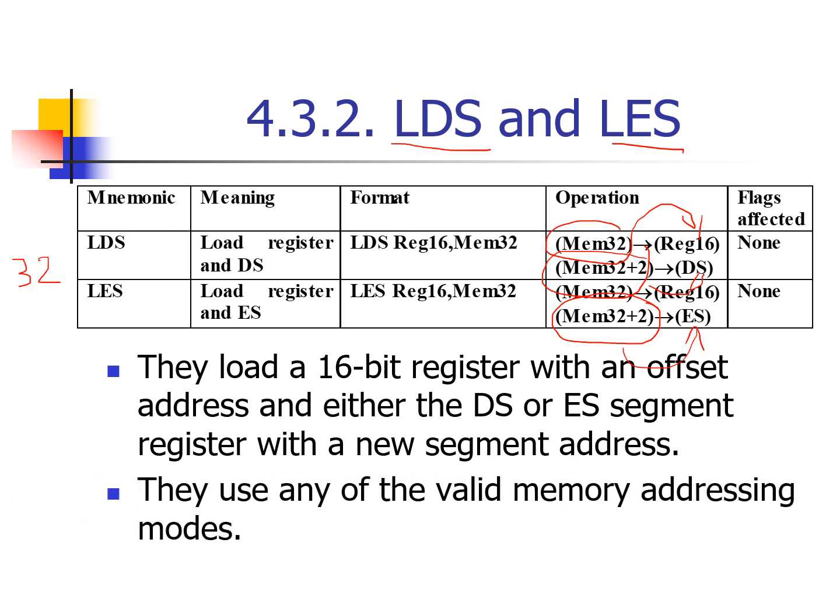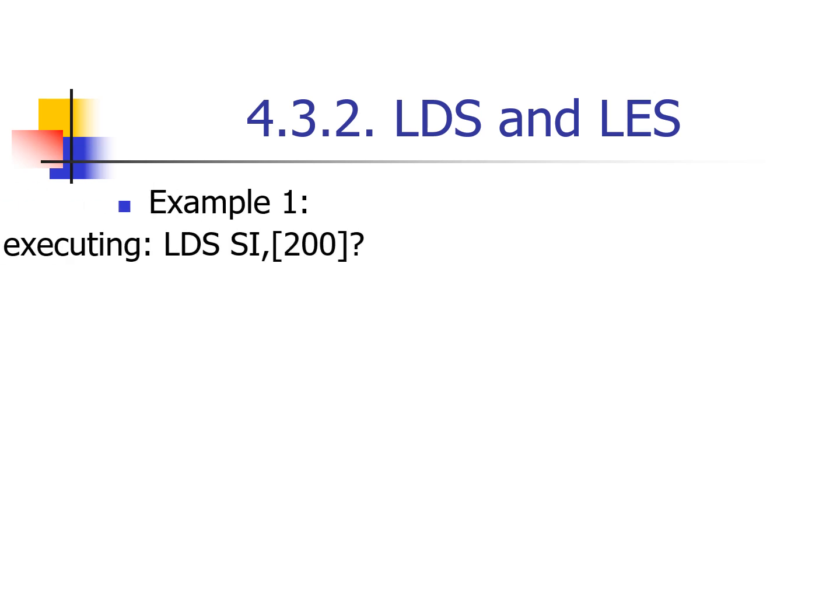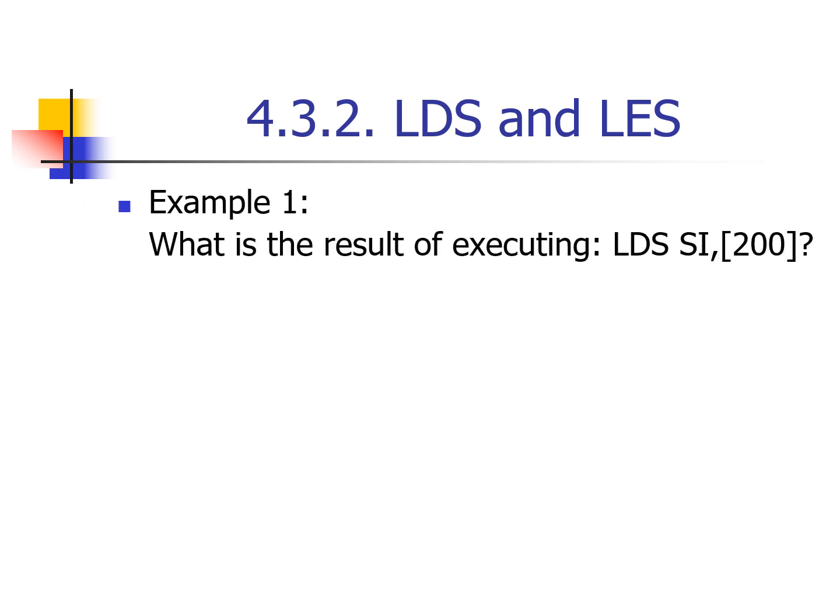And dealing with 32 bits, we don't have 32-bit registers, so we always have to go to memory to get 4 bytes of memory. Example: if we execute this LDS SI, this now is an address.